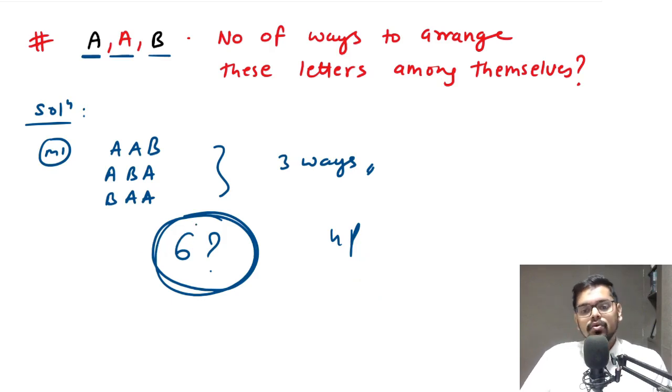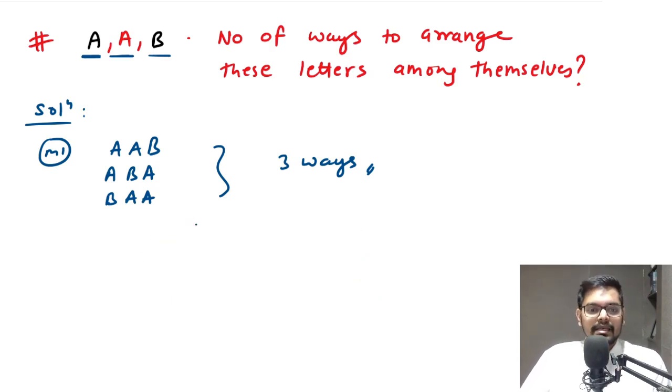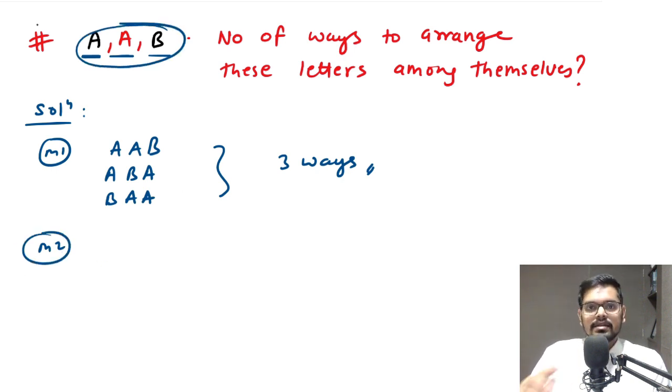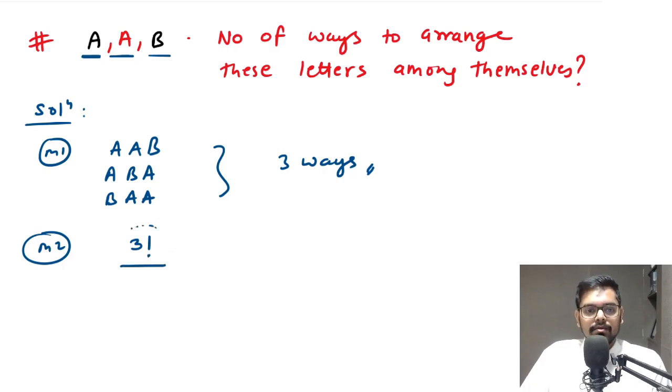So how to overcome this unnecessary stuff and arrive at the correct answer? Very good question. So here you have to say that if I arrange these letters among themselves, it is 3 factorial, yes or no? You can either say 3P3 or you can say 3 factorial by the counting principle. So yes, it is 3 factorial. But while doing this, what happened here?